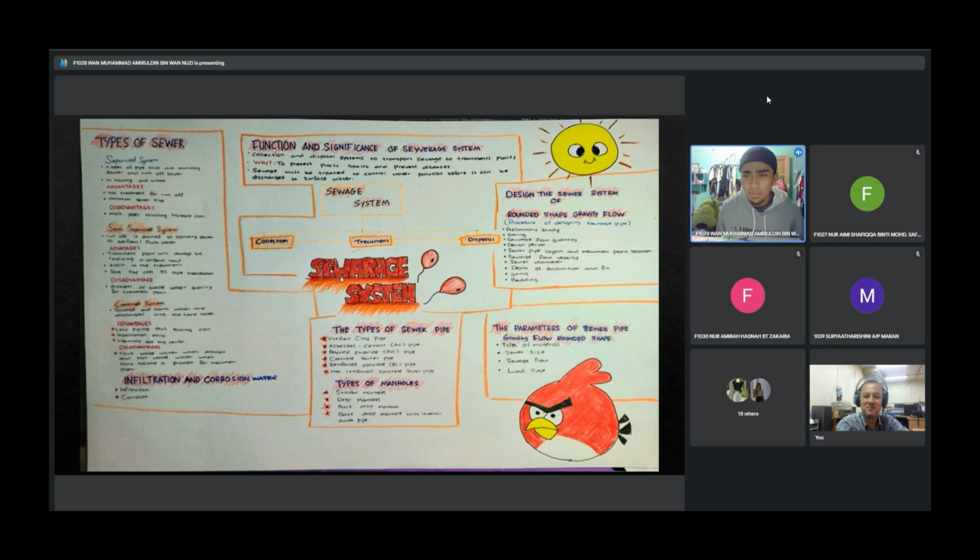The first one is preliminary study, zoning, sewage flow quantity, design period, sewer pipe layout and treatment location, sewage flow velocity, sewer diameter, depth of excavation and fill, joints, bedding. And the last one is about the parameter of sewer pipe: gravity flow, rounded shape, type of material, sewer size, sewage flow, land slope.